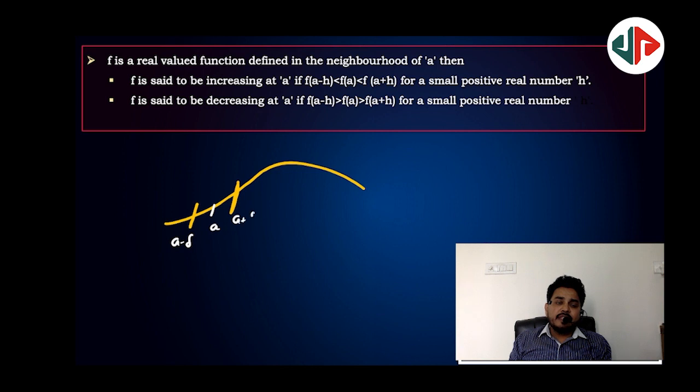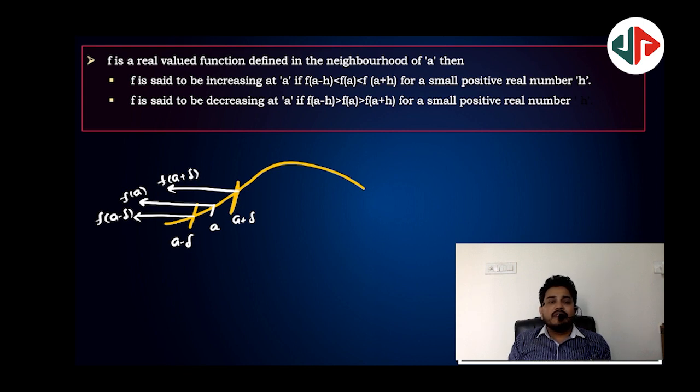This is a plus delta. So corresponding to this, the value will be f of a minus delta on the y-axis. This is f of a, and this is f of a plus delta. So they are talking about the neighborhood of a. So f of a minus delta less than f of a less than f of a plus delta.